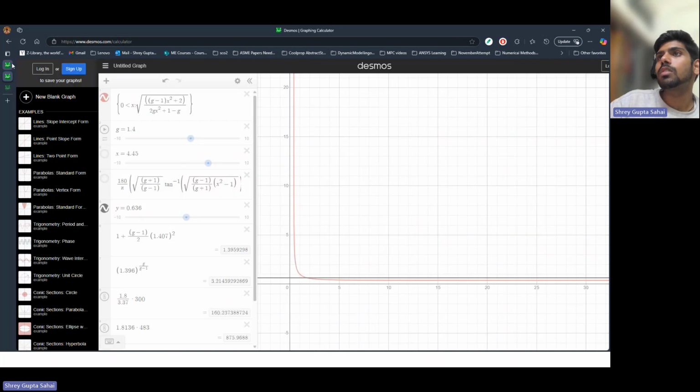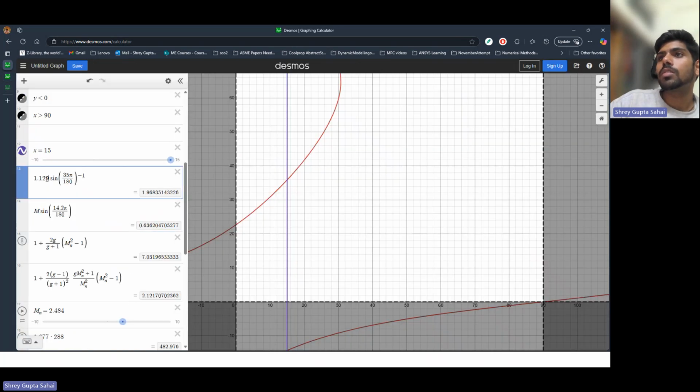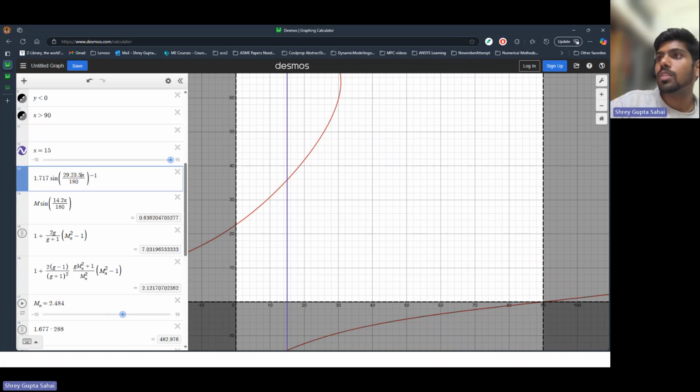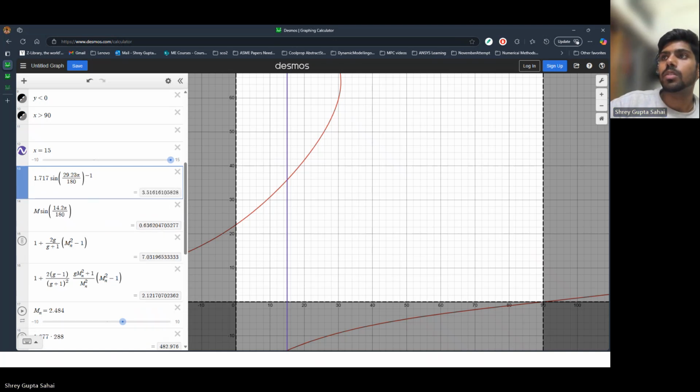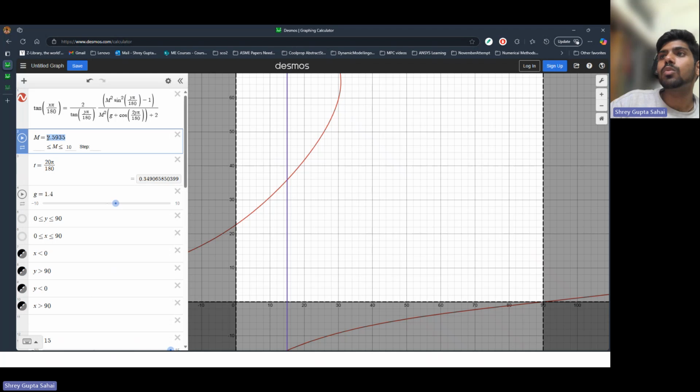So now this is 1.717. And for 29.2, you get this to be 3.5152 actually.